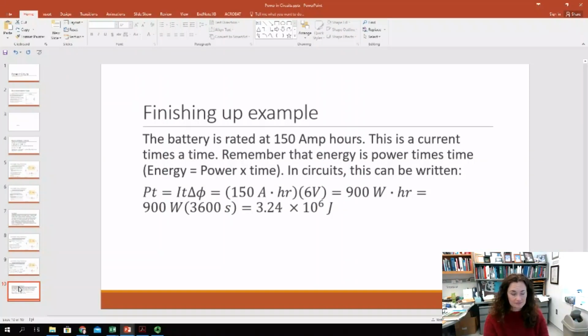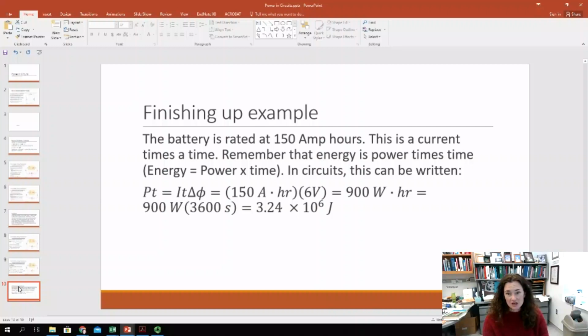Okay? So here, P times t, which would be energy, would be equal to I times t times delta phi. Now, I times t they gave us, that's the battery rating of 150 amp hours.